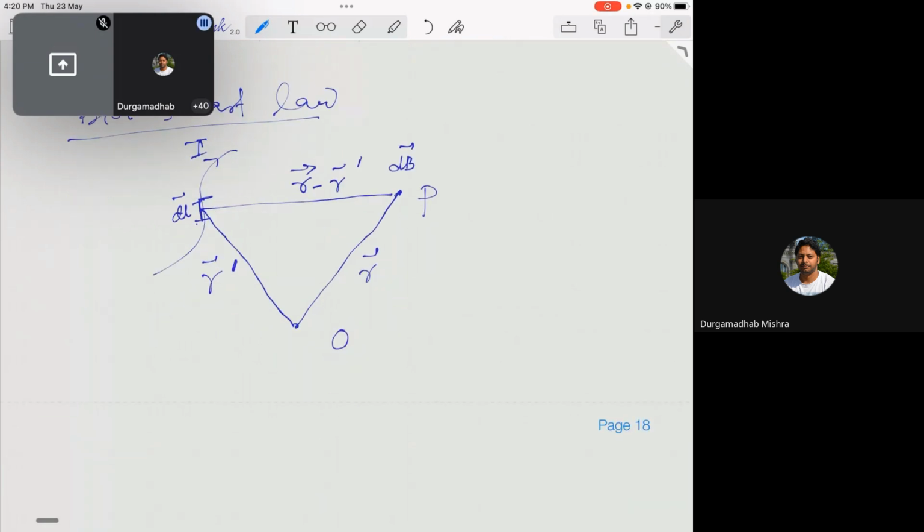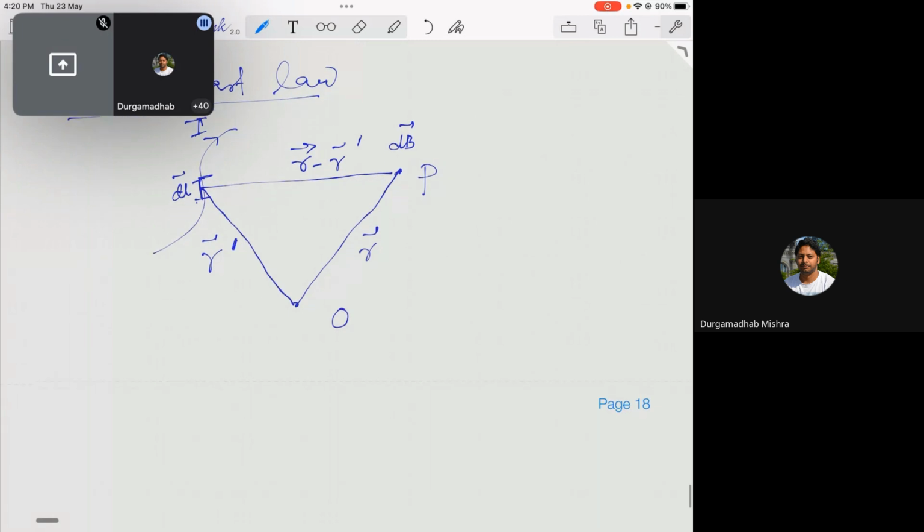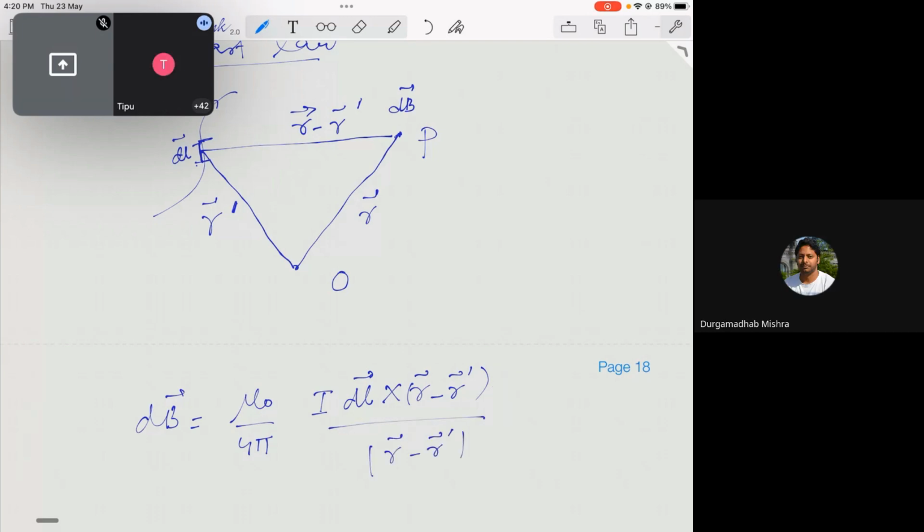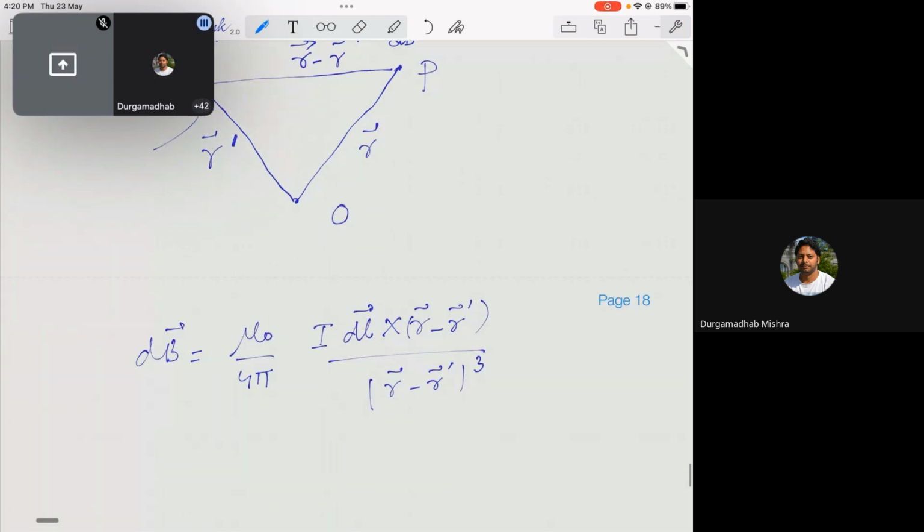The magnetic field dB produced due to this length element is given by the Biot-Savart law, that is mu naught by 4 pi into I dl cross r minus r prime divided by the modulus of r minus r prime cubed.